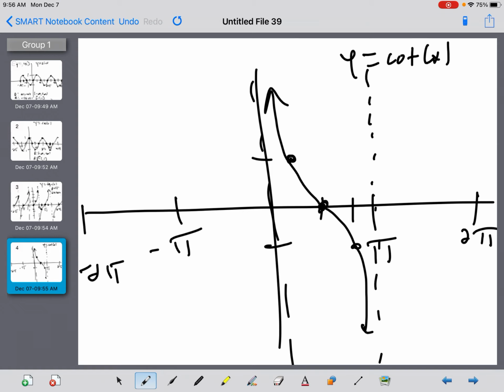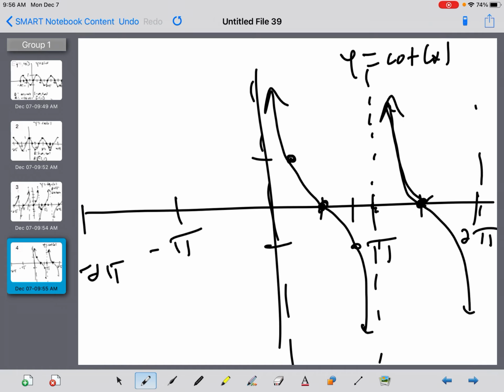Okay, again, here's 3 pi over 2, 0. And this thing's going to go, again, here's quadrant 4, so it's positive. So 3 pi over 2, 0. And again, here's quadrant 3, so it's positive. I said quadrant 4, I meant quadrant 3, it's positive.